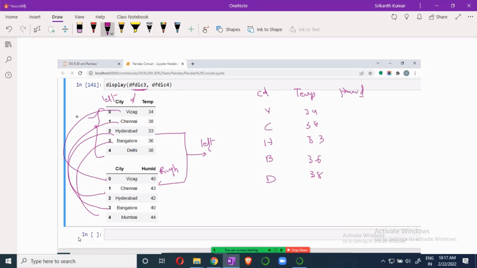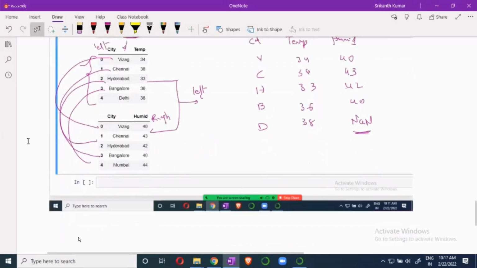Vizag is having the humidity, yes. Chennai is having the humidity. And Hyderabad, yes. Bangalore, yes. Delhi, no humidity, so you will get NaN. So in this case, it will concentrate only on the left data frame. Remember that. And the same thing happens with the right data frame.